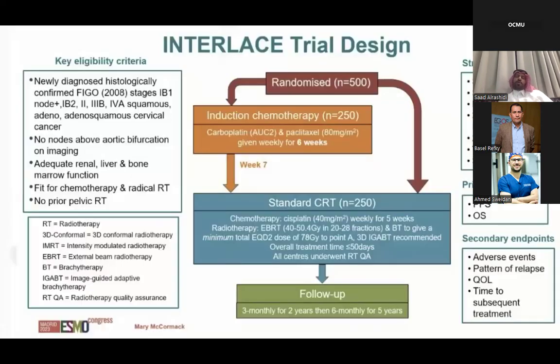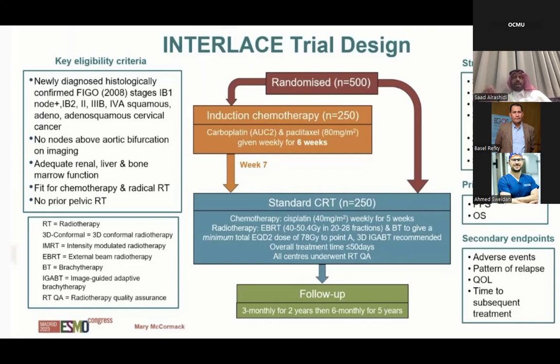Okay. So now we move from the CCRT. Again, if I ask you the overall survival for the patient with locally advanced disease, maybe for the European exam or your exam, you say from 50 to 70%. Again, it's a large margin, but it depends on whether hydronephrosis or PA nodes are involved.